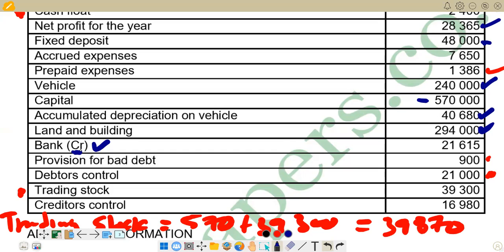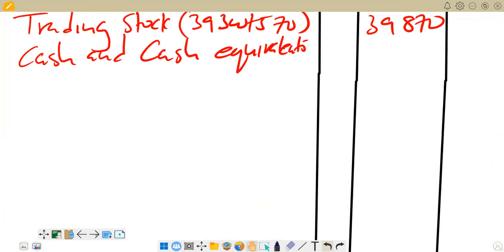This one represents a bank overdraft, so we are going to put it under current liabilities, 21,750. We are not concerned about this one. We are only concerned about the 2,400 for the cash float. So here we've got only 2,400.